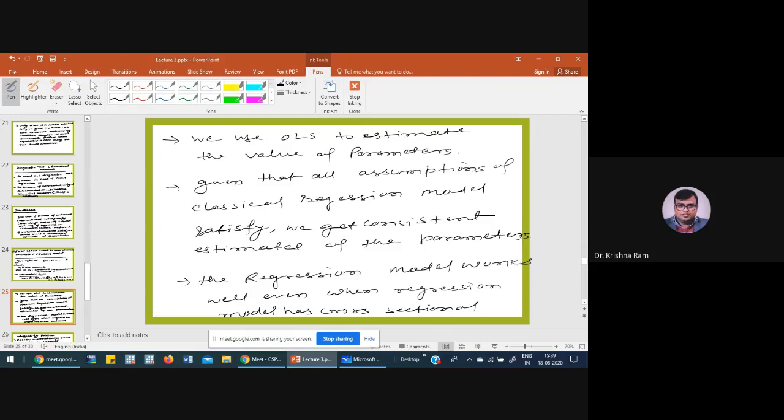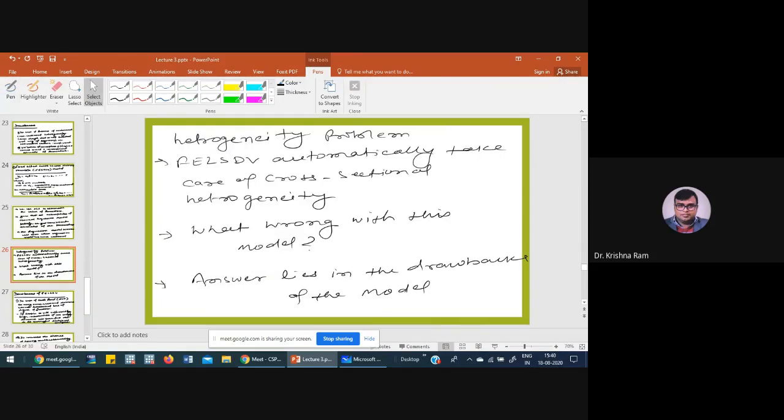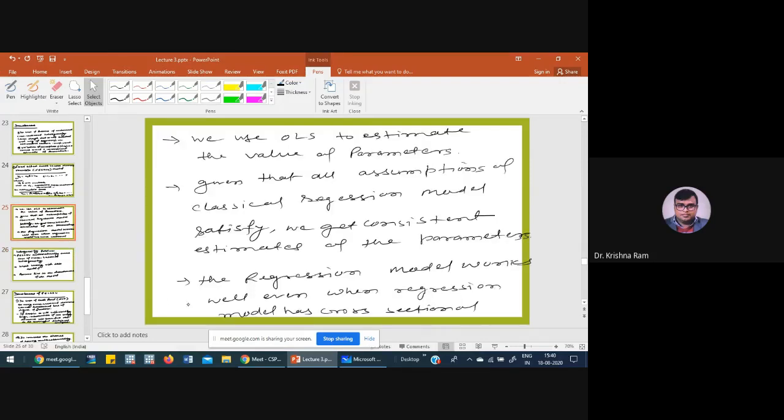And this regression model works well even when the regression model has cross-sectional heterogeneity, cross-sectional unobserved heterogeneity. So you may add here unobserved heterogeneity, not only heterogeneity.